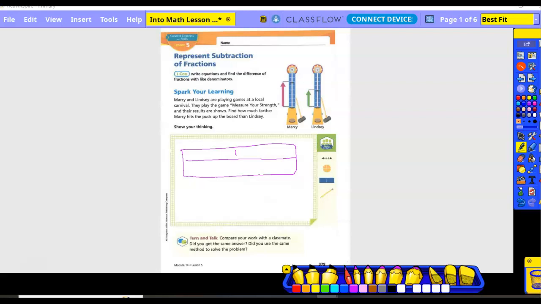So, what is Marcy's? We're going to have to figure that out, right? So first of all, we have to figure out how many sections each thing is broken into. So 1, 2, 3, 4, 5, 6, 7, 8. So how many sections do I need? 8 sections.